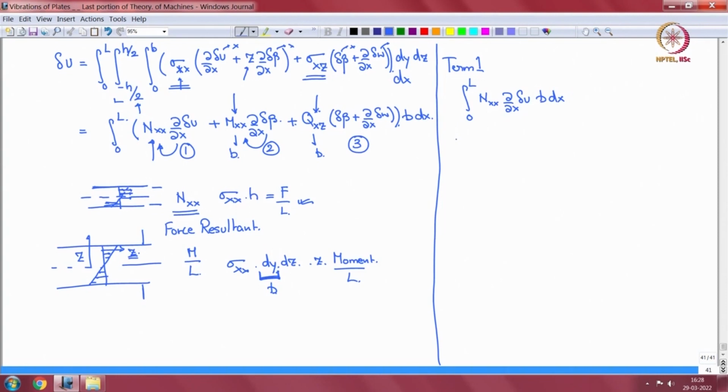I will use a product rule, so I get nxx into b into delta u from 0 through L, minus an integral 0 to L del nxx by del x delta u b dx.